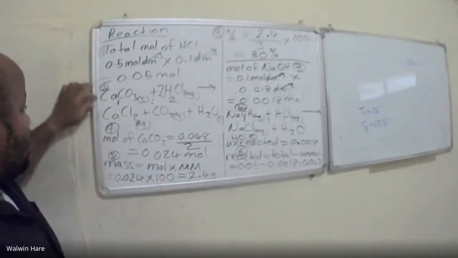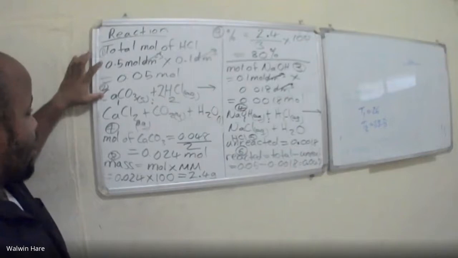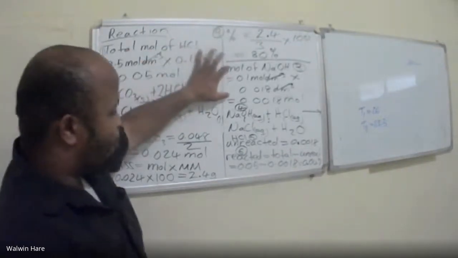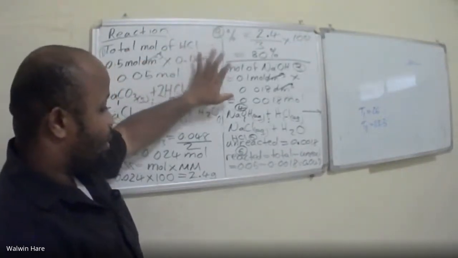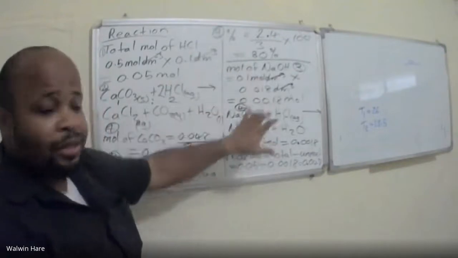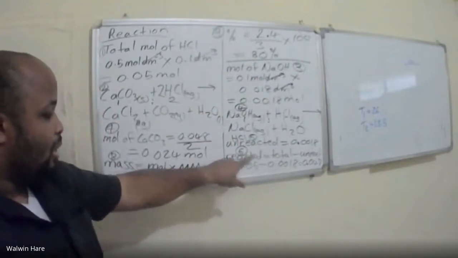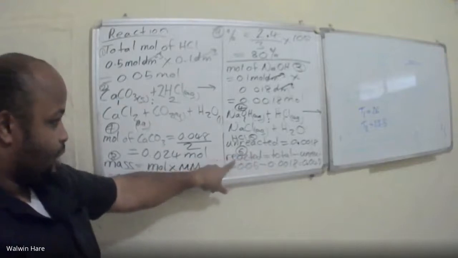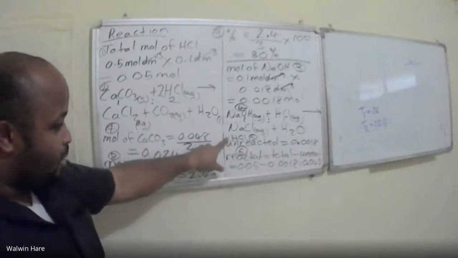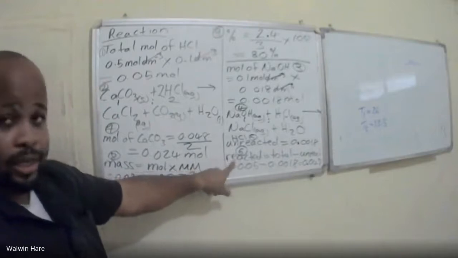So break it up into 9 steps. The first 2 steps are for the reaction, then you move over to the titration. And the whole point of the titration is to find out the number of moles that actually reacted. Find the unreacted first, then the reacted.